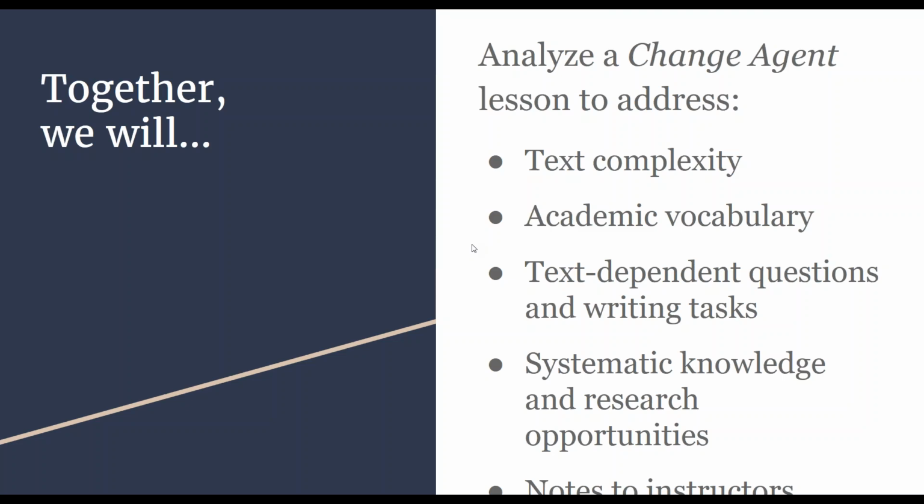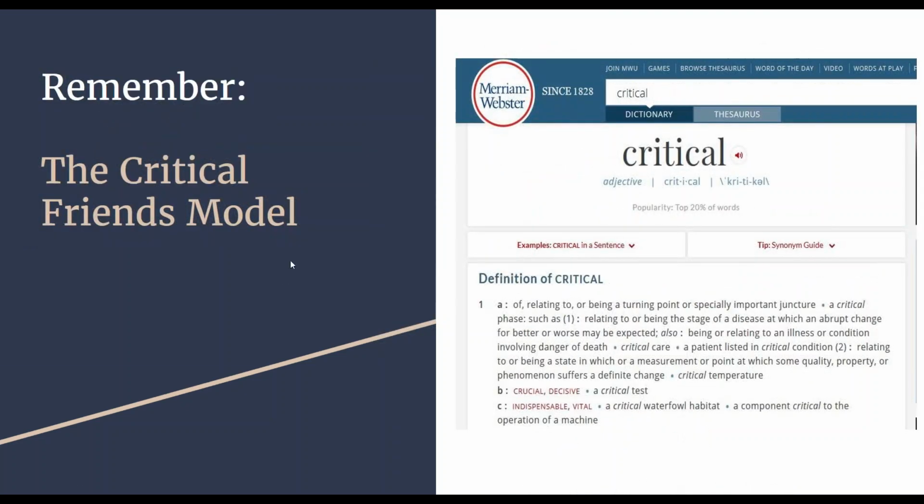We're going to look at a handful of things that should look super familiar to you on the screen right now, things that come from Standards Proficient training: text complexity, vocabulary, text-dependent questions, knowledge and research building. We're going to see how well this lesson, as a representative of the rest of the resource, does.